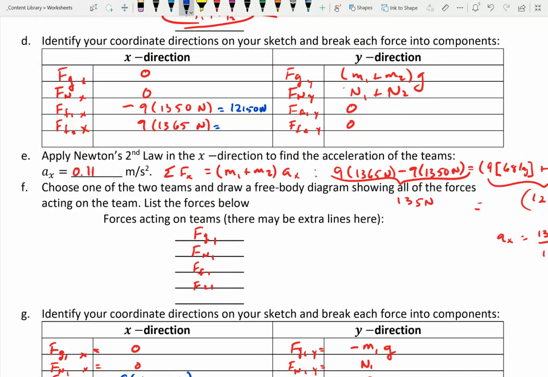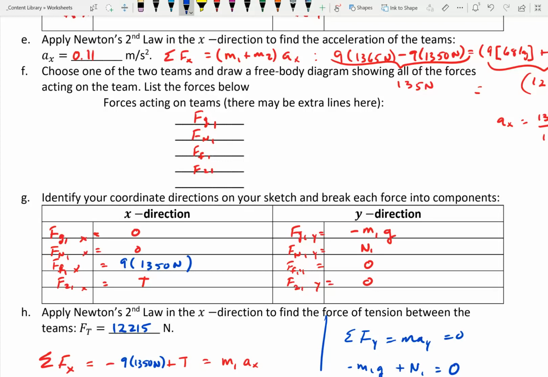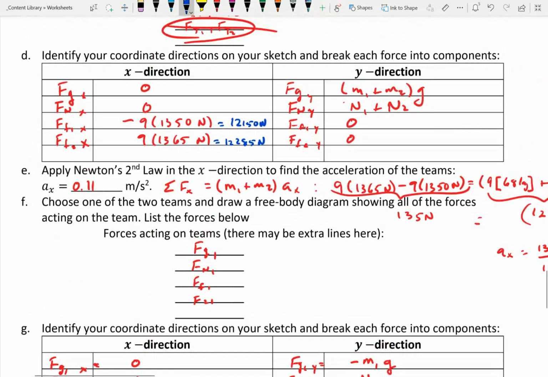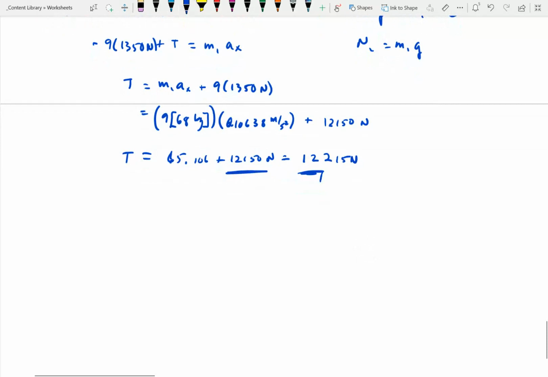Team 2 is putting a force of 12,285 newtons, getting that from the ground, and the tension is pulling them 12,215, so they're going in the direction that they're pulling, because there's more force in the direction they're pulling than the direction of tension pulling them. So you can see how it plays out.